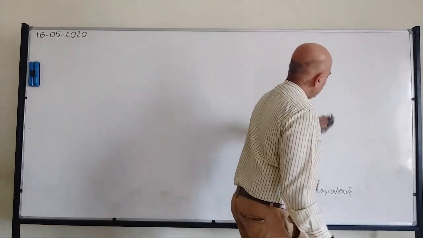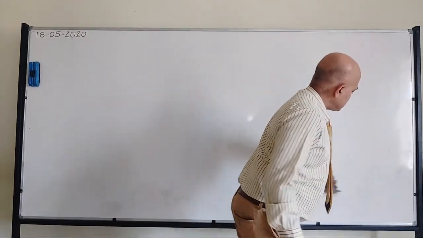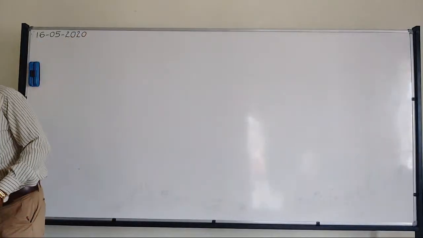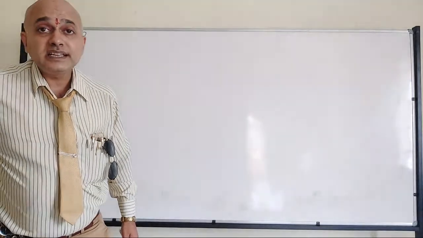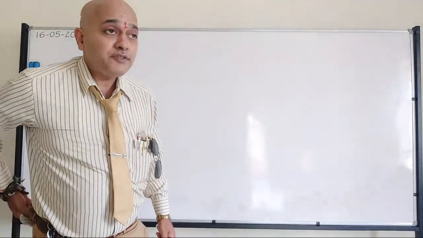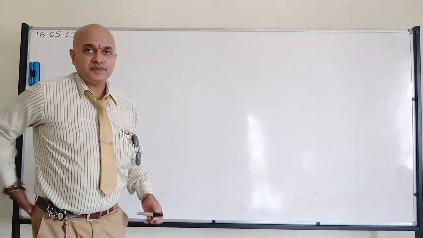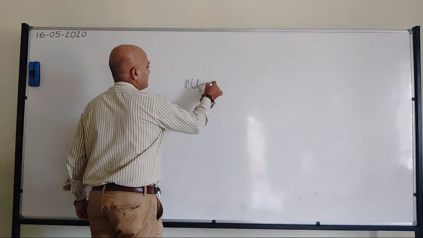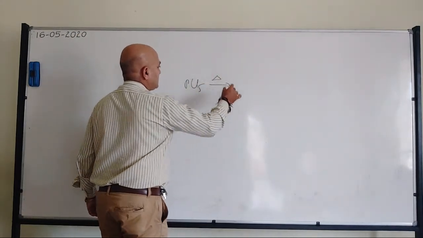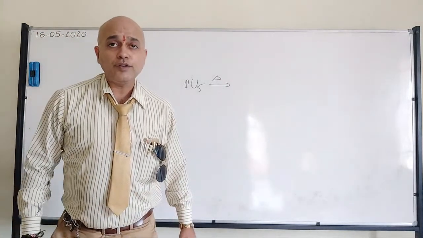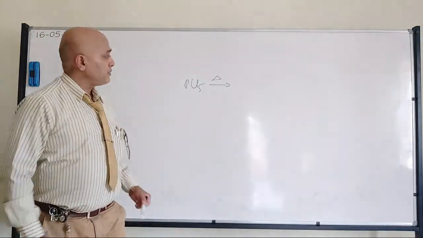Now I will be writing a reaction which is specific for PCl5. I am not talking about the difference between PCl3 and PCl5. I am talking about a reaction meant for PCl5. Okay? Say for example, if I take PCl5, it can undergo thermal decomposition.